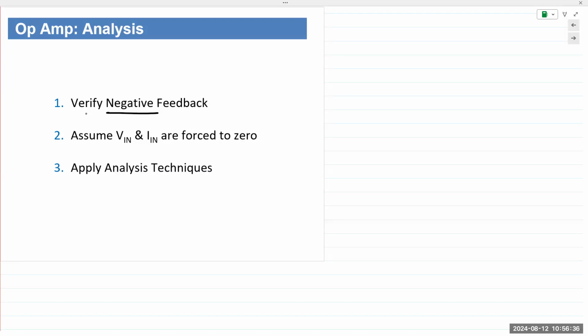At that inverting terminal, V in and I in will be forced to zero. Those are assumptions we make. And as with diodes and transistors, we use our standard analysis techniques to determine the output voltages and output currents.